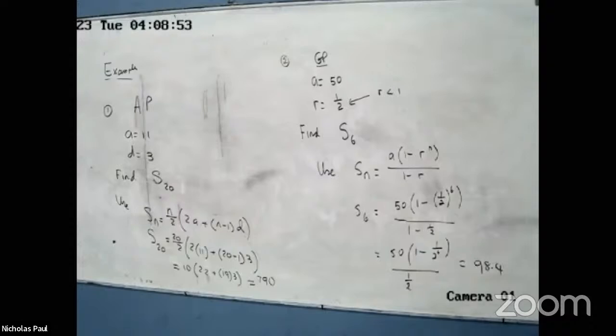The first term is 12. Last term is 55, and they said all the integers. So what's the second term? After 12 is 13, and then 14. So the common difference is what? 1.